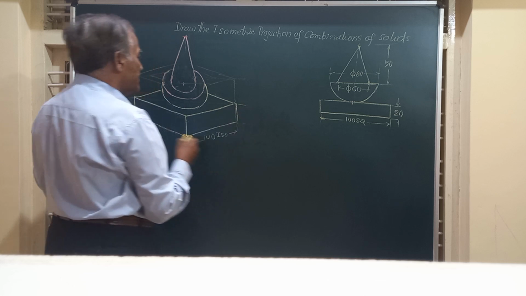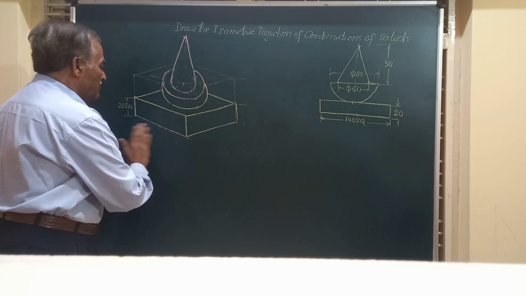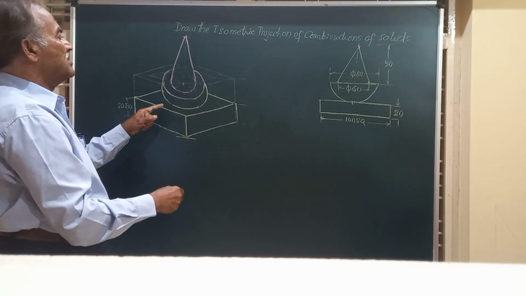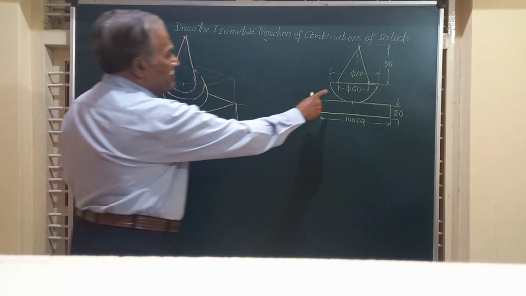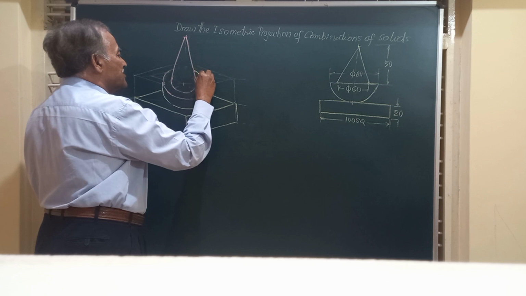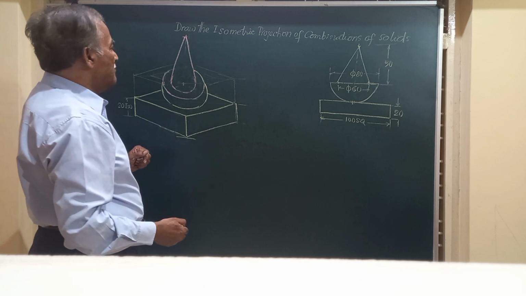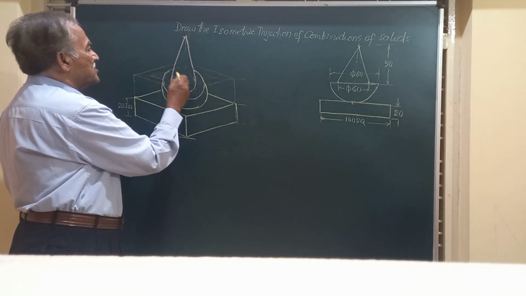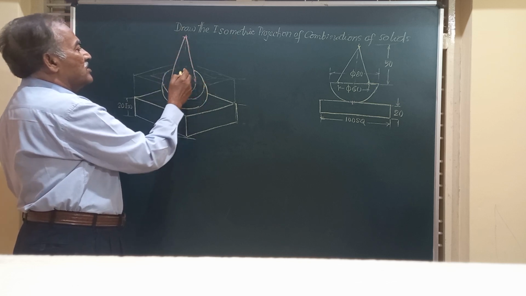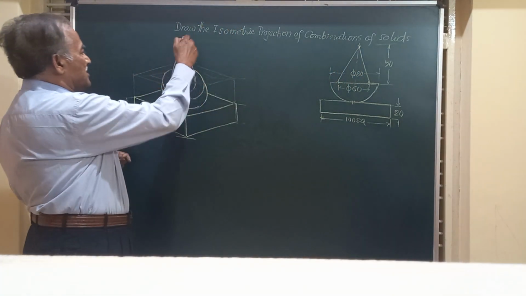So friends, this figure will give you the isometric projection of the combination of solids wherein a hemisphere of diameter 80 millimeter is resting on the top surface of a square block of thickness 20 mm, and exactly on the center of the top face of this we have got a right circular cone of diameter 60 millimeter and height 50 mm resting on it.